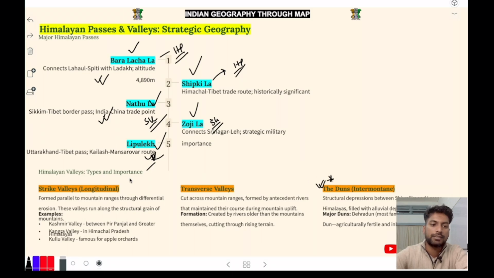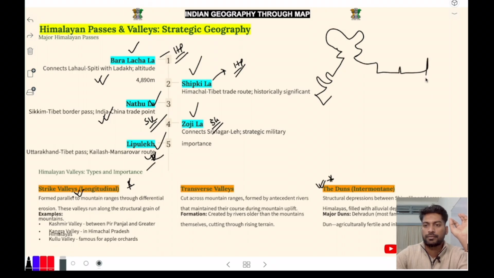Now you have to remember these dunes, and you have to remember one more thing: valleys. There are some valleys, longitudinal valleys. See, I'll explain. This is your Himalaya. Now see this one. This is your Greater Himalaya.